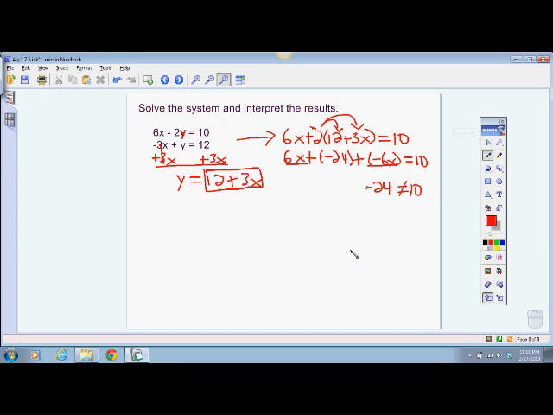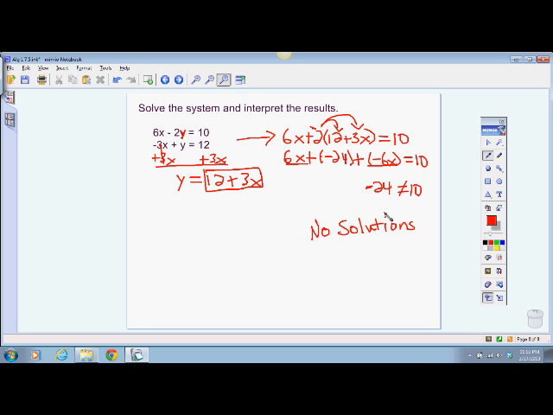So if you think back to what happens when you get a solution that doesn't make any sense, this can never be true. Negative 24 is never going to be 10. We know that there would be no solutions. You kind of have three choices. You have one solution, you have no solutions, or you have infinitely many solutions.